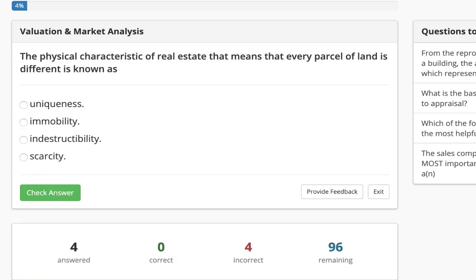So for now, we're just going to keep in mind that sales comparison is most appropriate for residential homes. I'm going to look into specifically why that is.